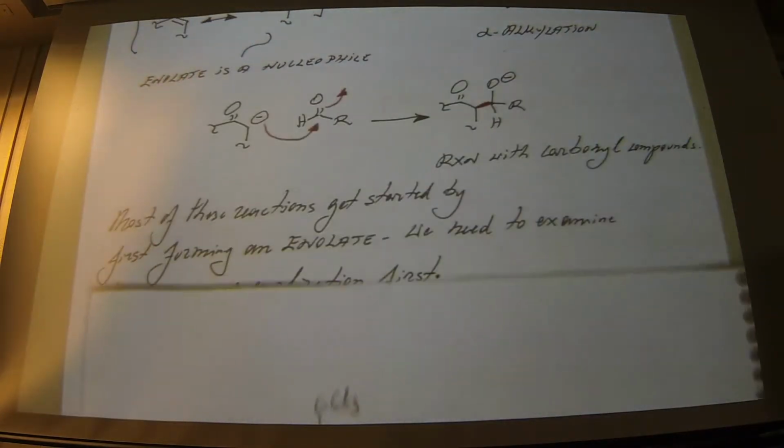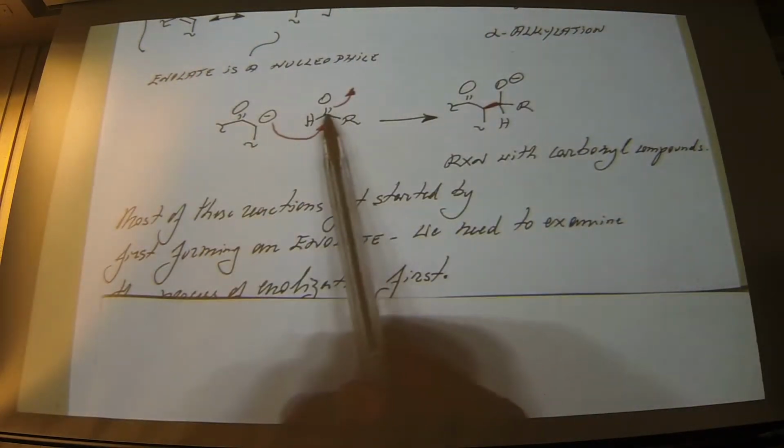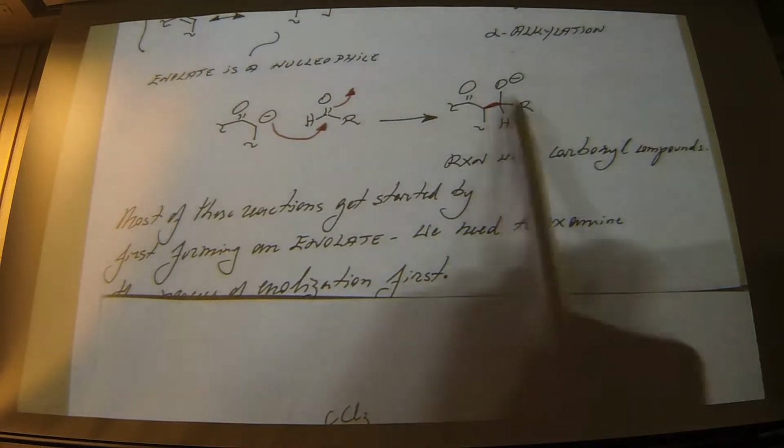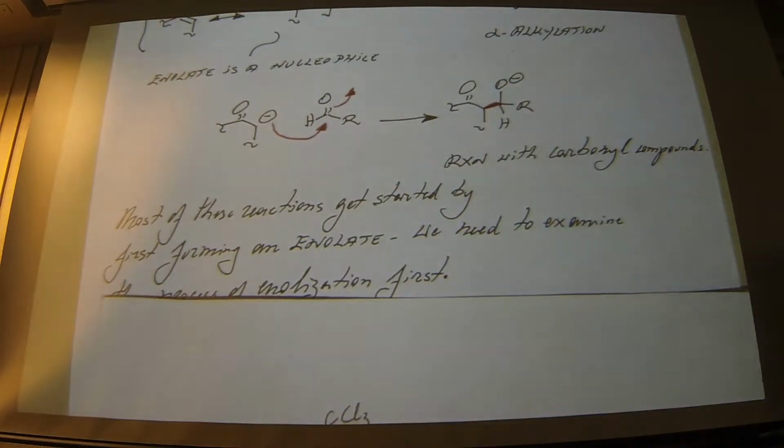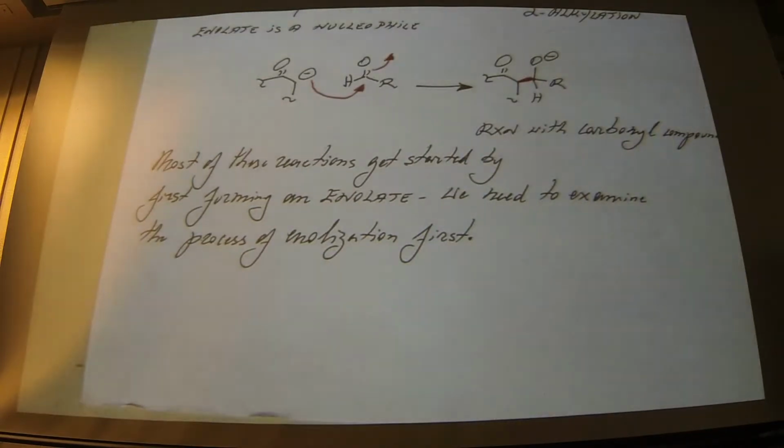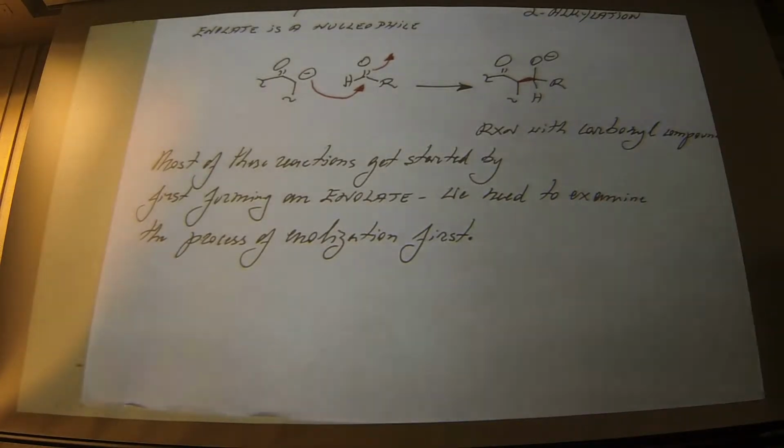It's because if you use the aldehyde, that's the al part, and the ol is because the product is an alcohol. So all of these reactions that we're going to talk about are ones that get started by forming the enolate. And now we need to take a look and see how this enolization process takes place.